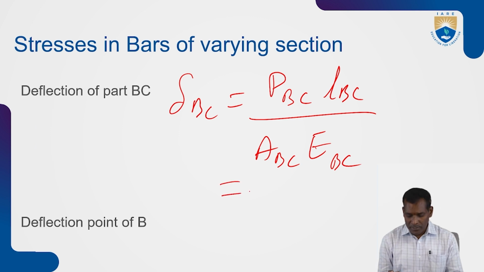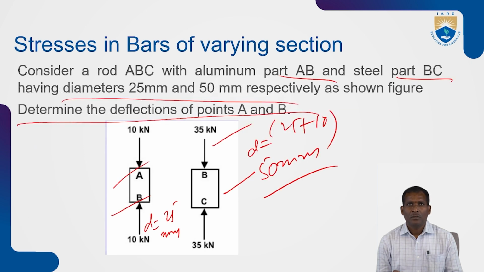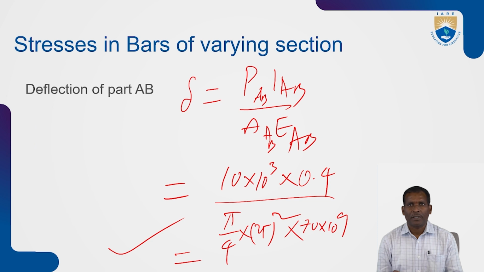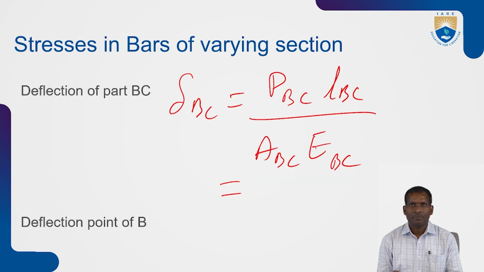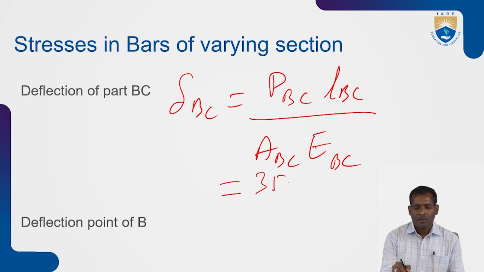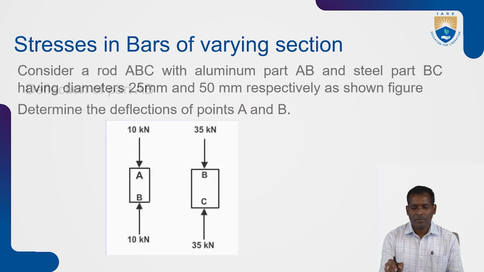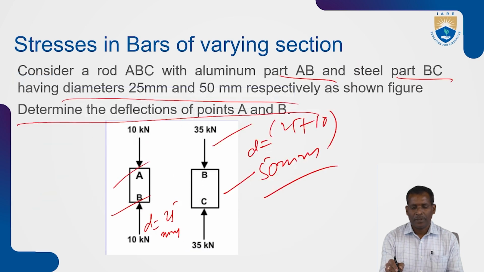Now the load in BC is 35 kilonewton, so 35 into 10 cube, into the length. Length is 0.5 m.